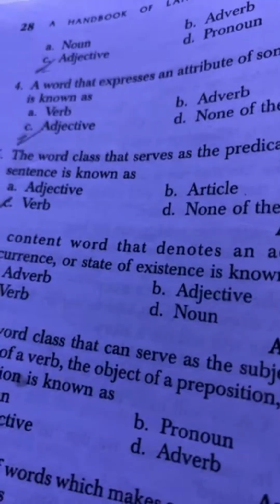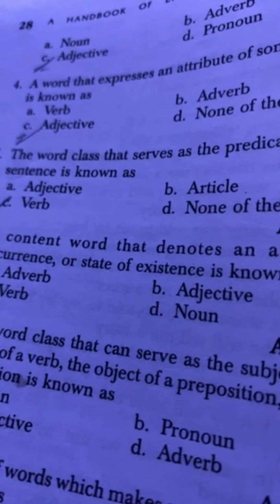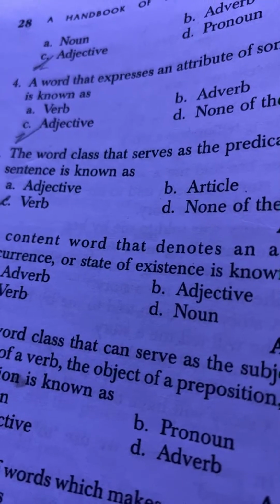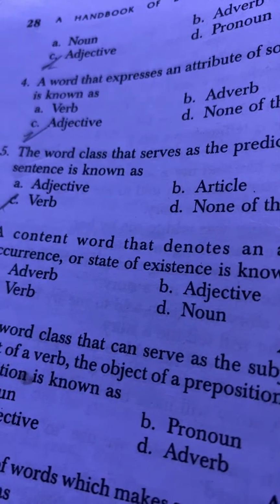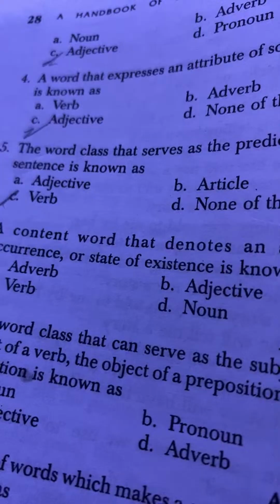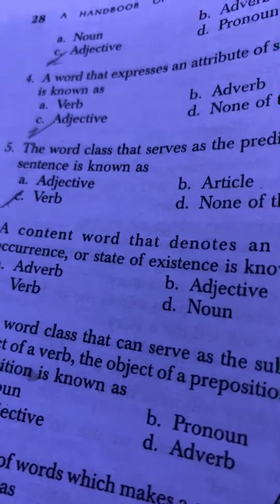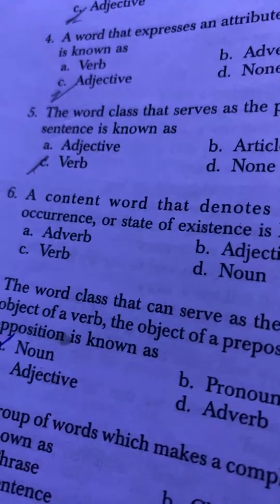So you have to revise whatever you have done in your school time, like parts of speech, tenses, your modals, subject verb agreement, transformation of sentences, and active passive, all these things you have to revise for your exam. Now let's come to question number 5.